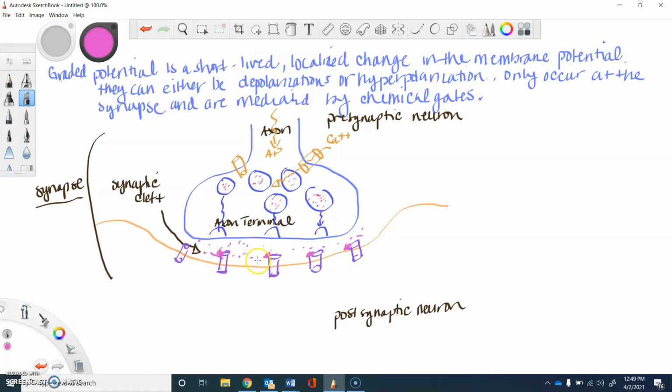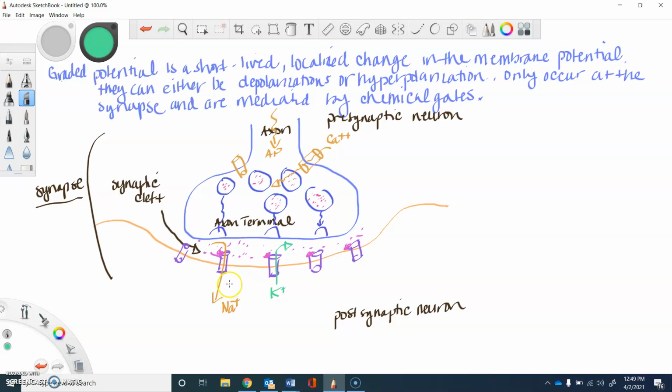Again, this is review. This is the same thing that happened at the neuromuscular junction. Those channels are going to open, and sodium is going to flow into the cell, and potassium is going to go out. Both sodium and potassium go through the channels. One's going in and one's going out.